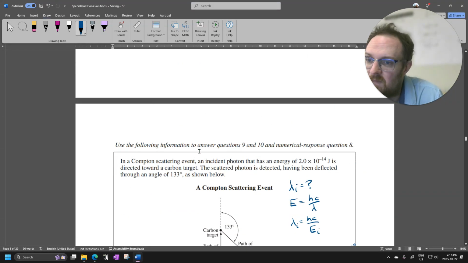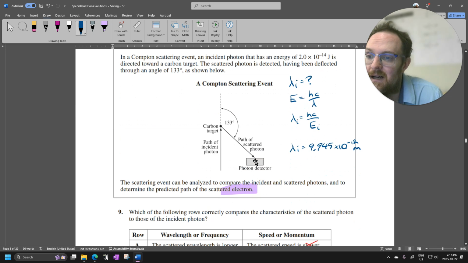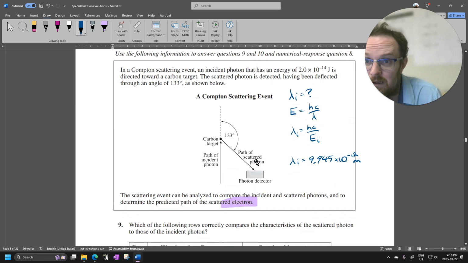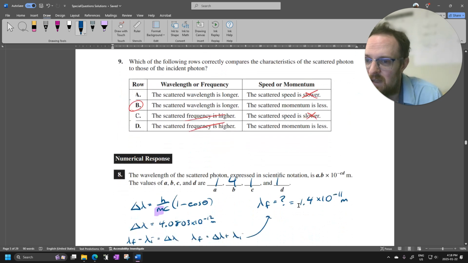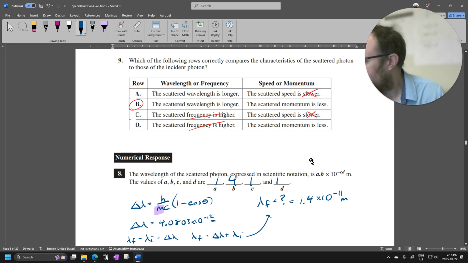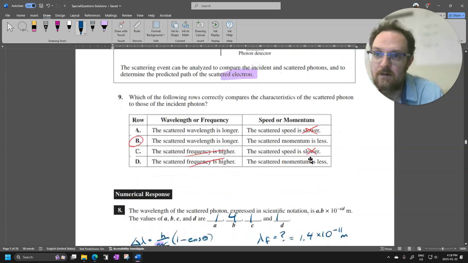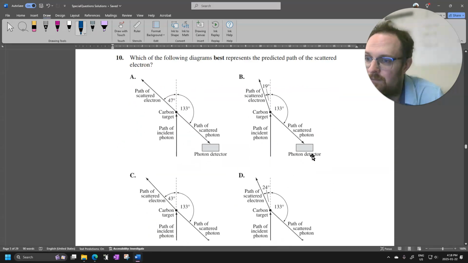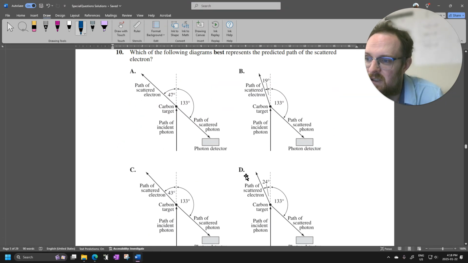If I can find out what the momentum of the photon is before, then momentum has to be conserved, so I can use that with the momentum of the scattered photon, because I got these wavelengths here. Then I can figure out what the electron has, and then determine the angle of that electron. I want to predict it's going to be one of these smaller angles, but I don't know, honestly. I don't think it's going to be this A one.